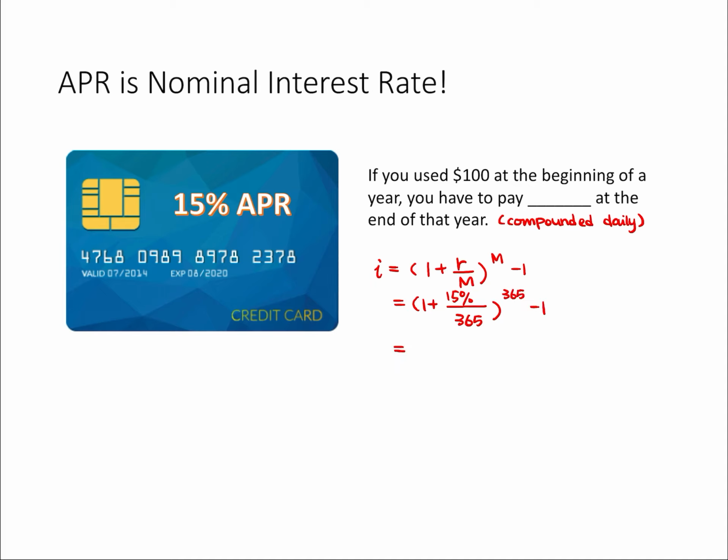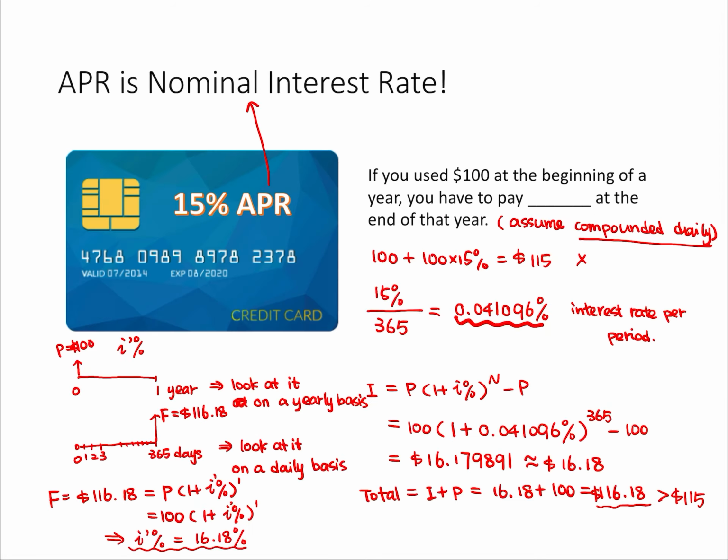So (1 plus 15% over 365) to the power of 365, minus 1. Okay, let's see. It's 16.18%. You see that? It's the same as what we calculated here. Okay?